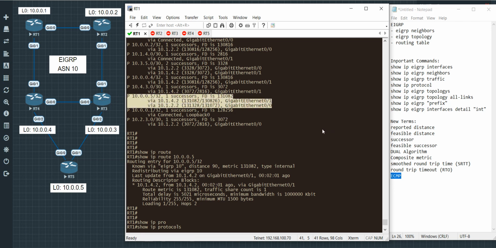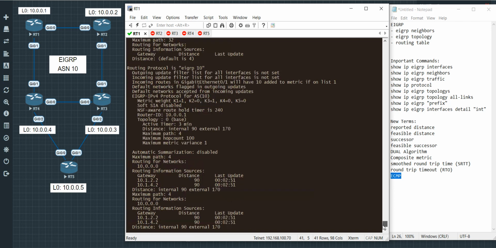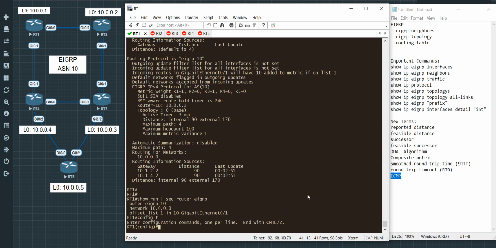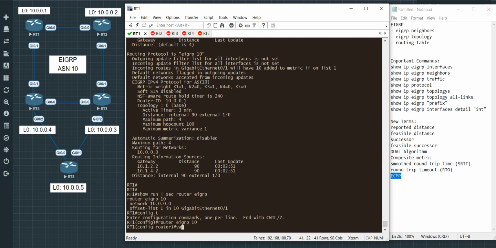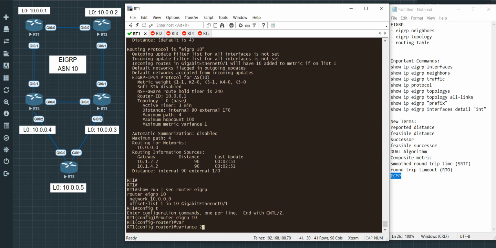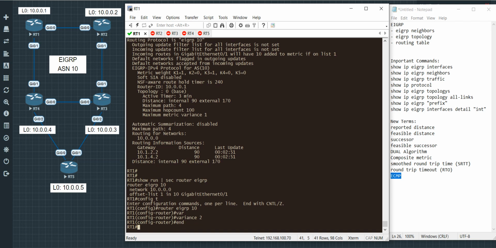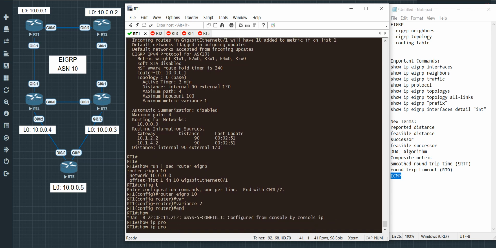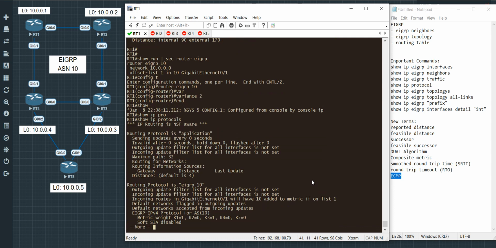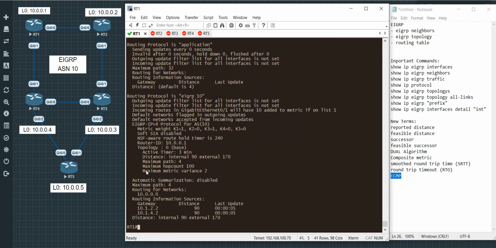So let's do that really quick. We'll do variance 2. So if we do show ip protocols, we will see that the metric variance value is now 2.